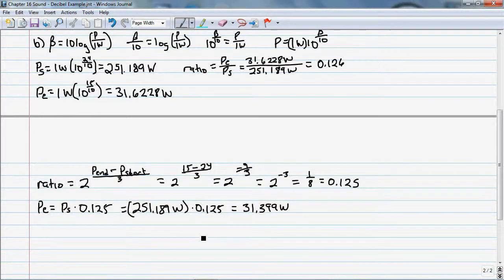So you see that it's off just a little bit, but it's off by a minor amount. You wouldn't notice the difference. And so these methods give you an approximate result. When you're using double power and half power, it gives you an approximate result. But for what you're working with, it's a much easier method, and it gets you close enough to have a reasonable answer.